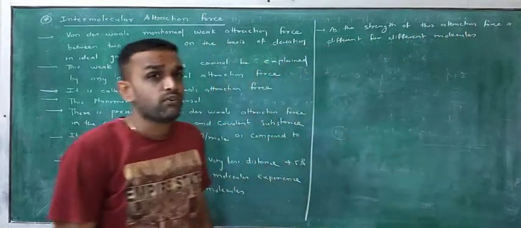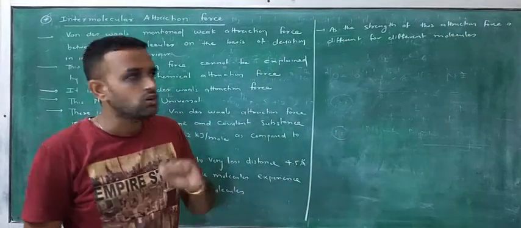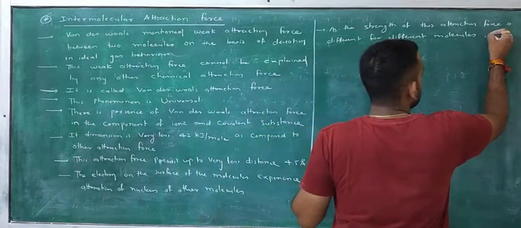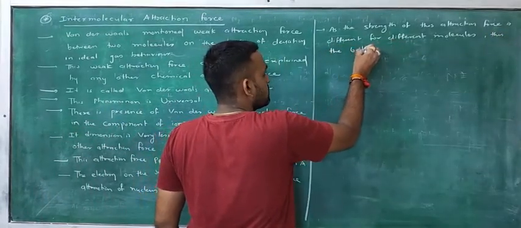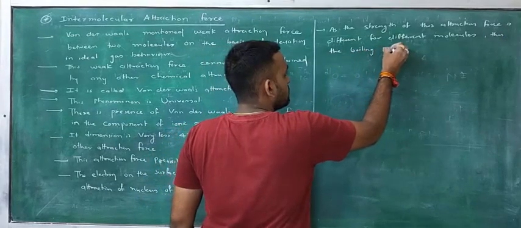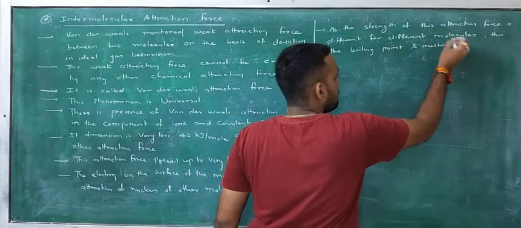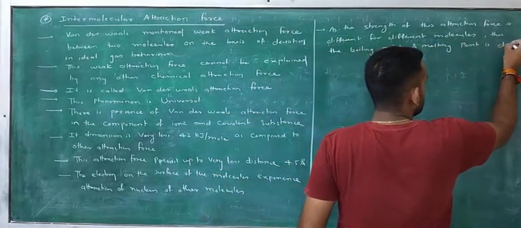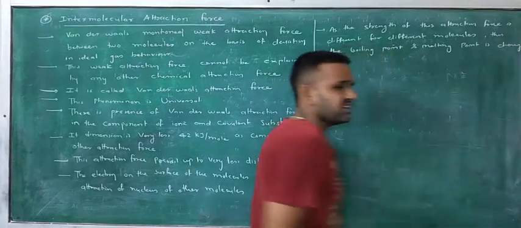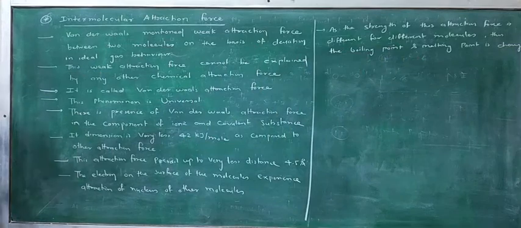The strength is different for different molecules, and that's why the boiling point and melting point also change. Is it clear? So the melting point and boiling point are different for different substances.